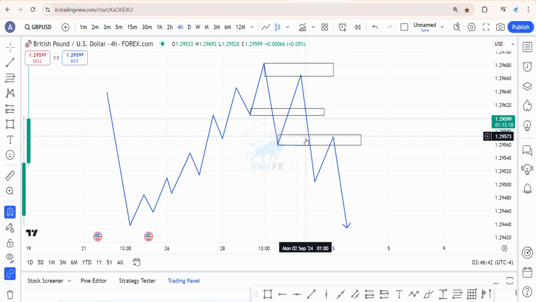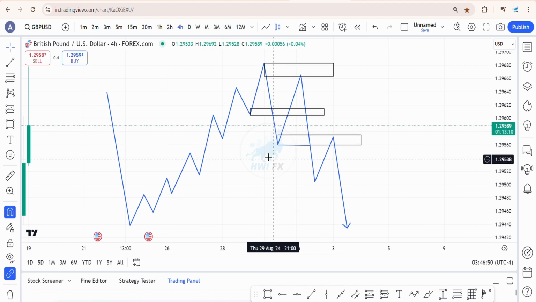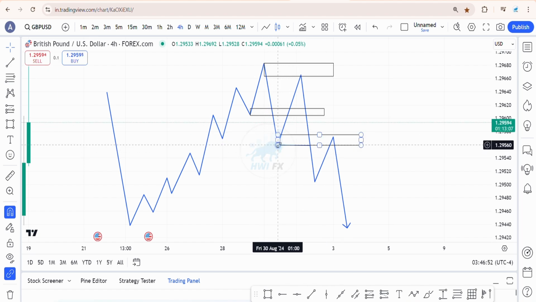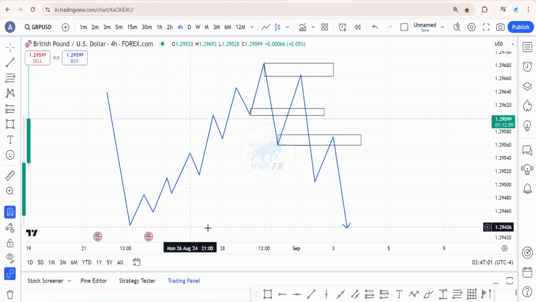Or you can see a break of structure over here, a swing low is broken, and then it leaves a series of candles or a candle, and that acts as a propulsion block. So this was all about the propulsion block.